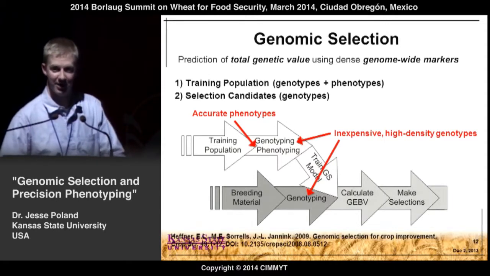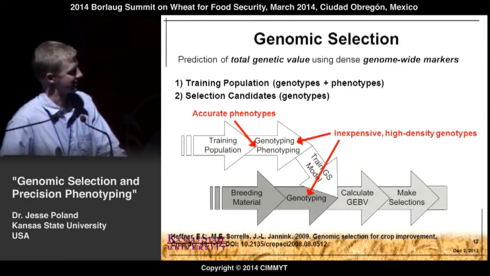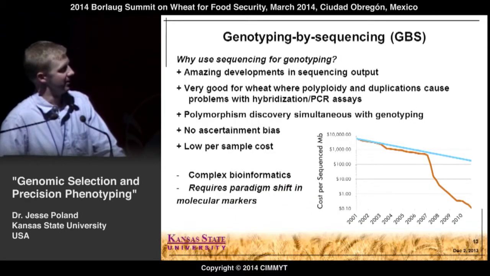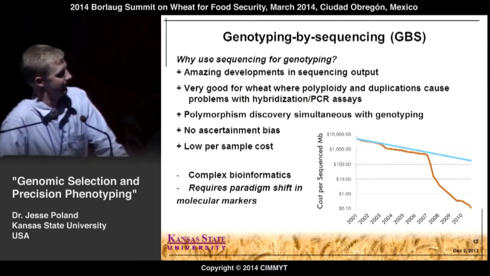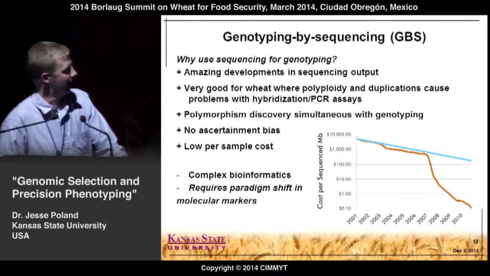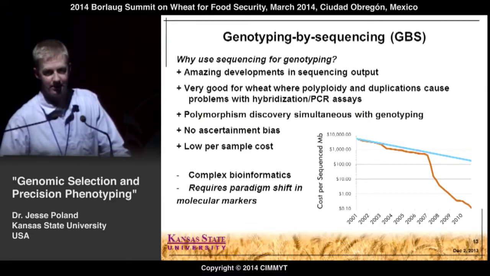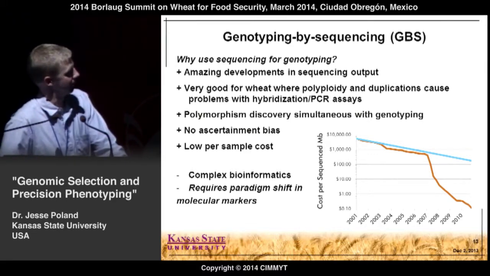If we have messy phenotypic data going into the model, we can't expect accurate predictions. And so we've been focused on developing genotyping by sequencing primarily as a low per sample cost genotyping tool that can be readily applied in the breeding programs.